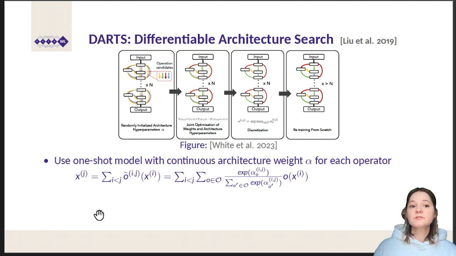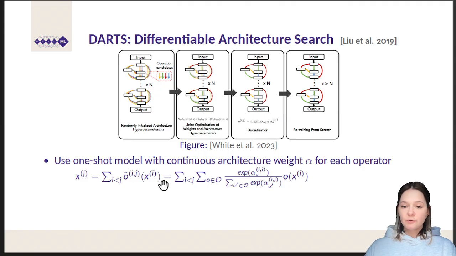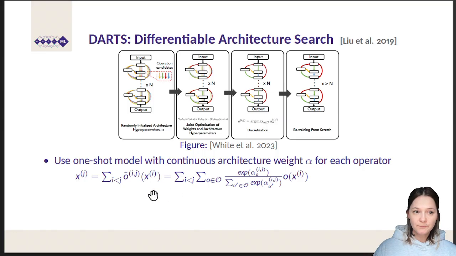And each of these choices is associated with a continuous parameter alpha. So at the very beginning, each of these 4 choices gets a 1/4 weight of being applied towards our input node x_i when we have an edge i to j.